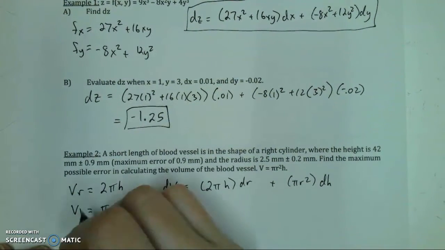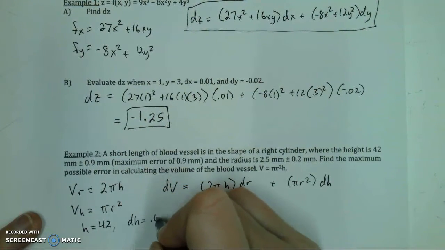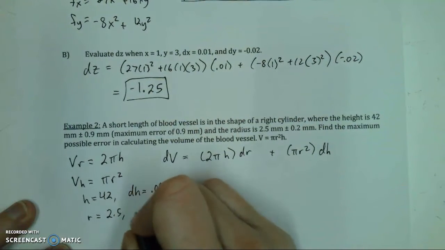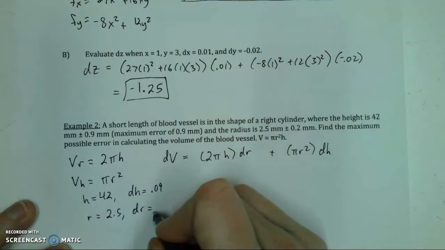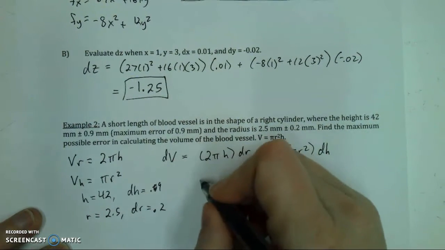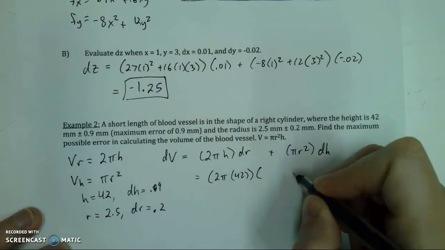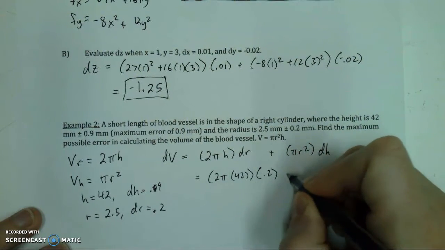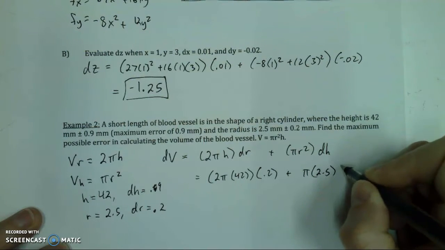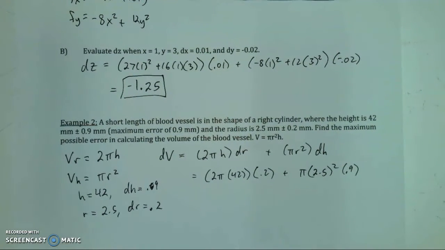So then actually plugging these in, well, my height is going to be 42, and then d height is going to be that maximum error. And similarly, my radius is going to be 2.5, and the d radius is going to be 0.2. Oops, I'm sorry, the dh is just 0.9. I apologize for that. So I've got 2 pi, my height is 42, my dr is 0.2, plus pi times my radius 2.5 squared, and my dh is 0.9.